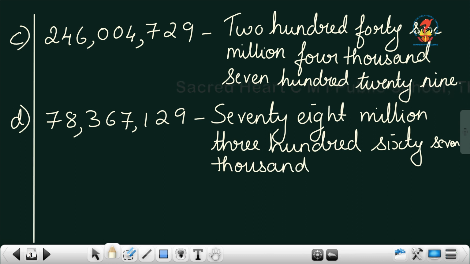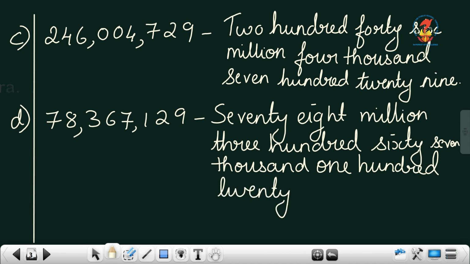367,000. This is a common mistake that I have seen, you people forget to write that million and thousand. That has to be written according to the period. 367,000. Then you have 129. Clear, children?